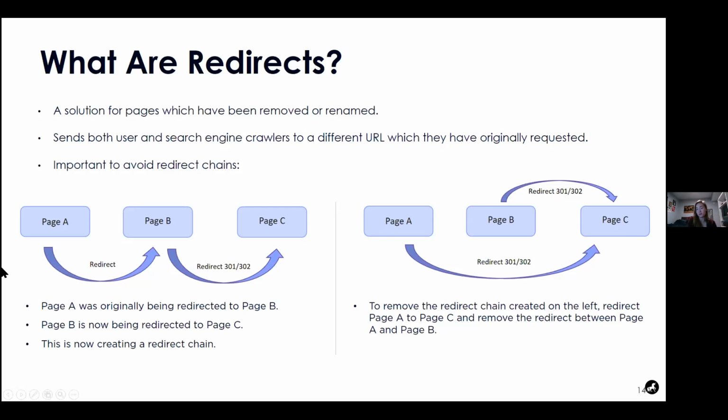But something to keep in mind is that there are these things called redirect chains. In these little examples on the left, it's basically like, page A was going to page B, but then we decided page B was also pretty bad, so now we're going to page C. In a perfect world, instead of having page A go to page B, go to page C, you just have them both individually go to page C. It doesn't seem like a big deal when it's just 2 or 3 in a row.